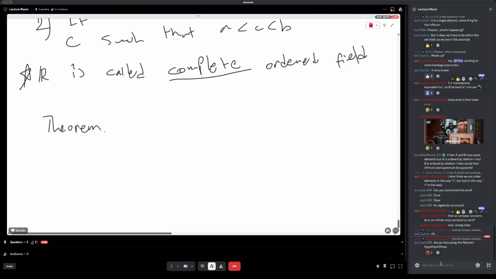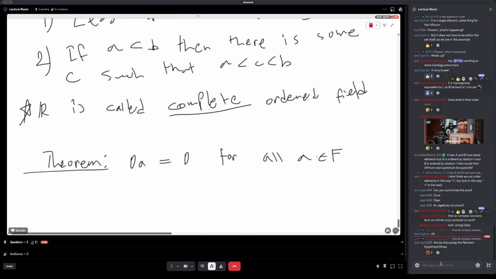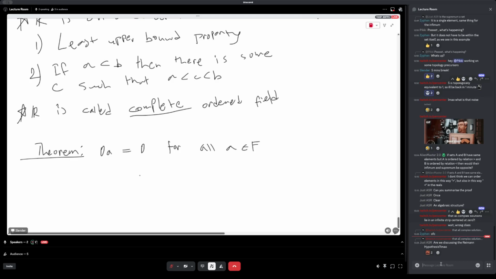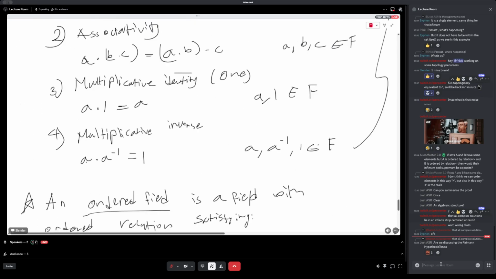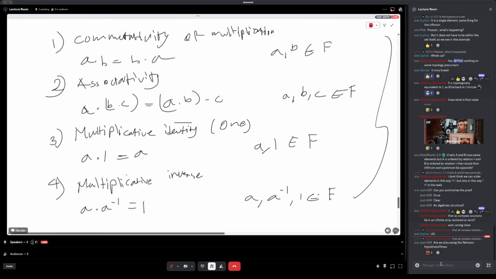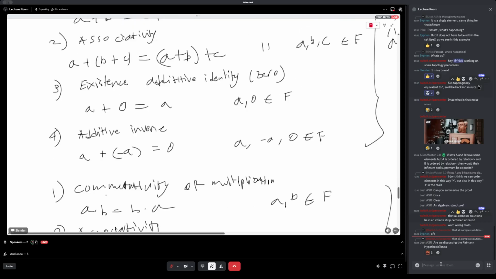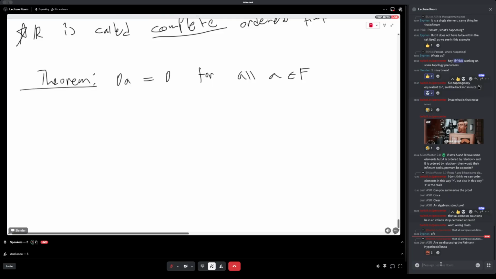This is very important: 0 times A is equal to 0 for all A in R, or let's say F. This is a very interesting result because we did not state anywhere in the axioms that if you multiply something with 0 you get 0. So this is something you have to prove. That's quite funny, to be honest. So does anyone have any idea how we can prove this?